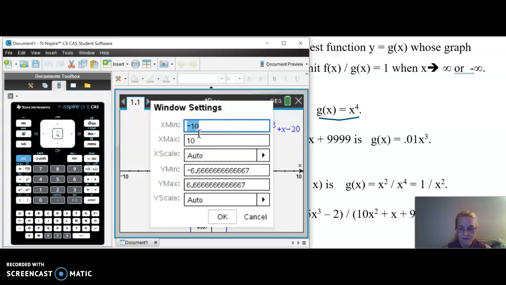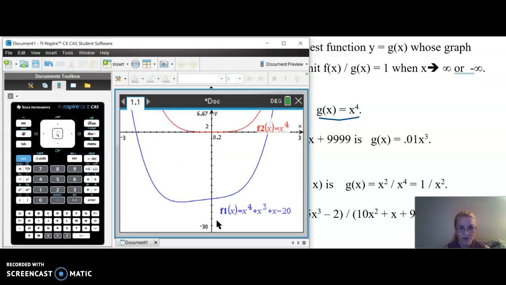Let's let the x-min be -3 and the x-max +3, and the y-min let's let that be -30 and see if that's enough. And yeah, so somewhere at maybe 25 is where this kind of bottoms out here. So very different where x is a small value.